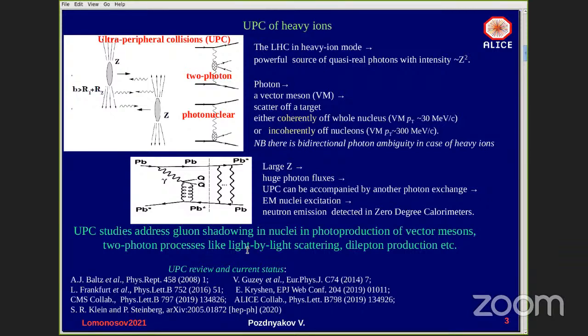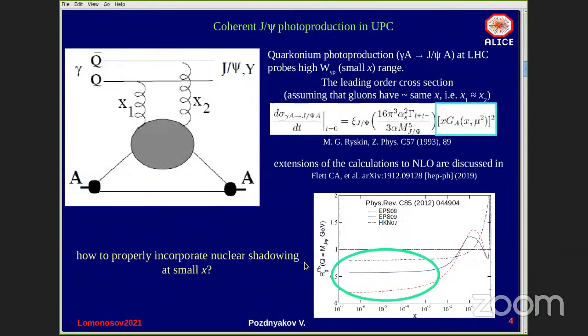And two-photon process, they are out of my presentation, and you can see the details of UPC reviews shown here. So for coherent J/psi photoproduction, it's quite simple.